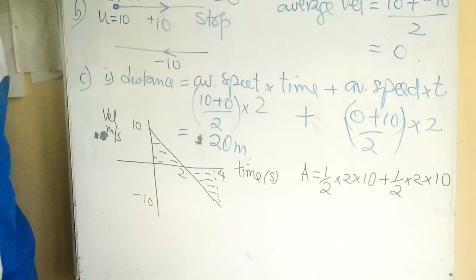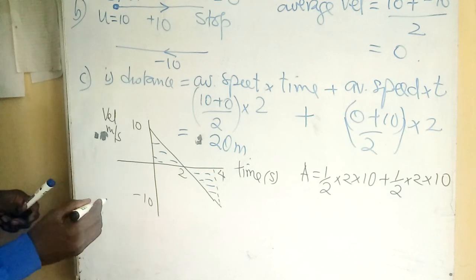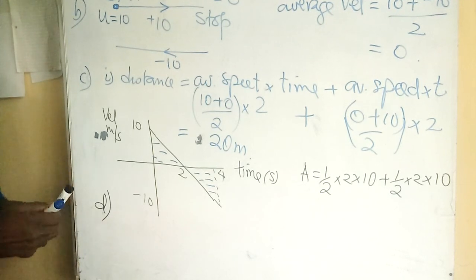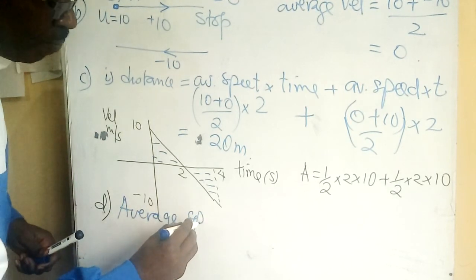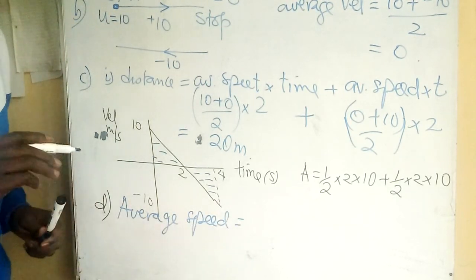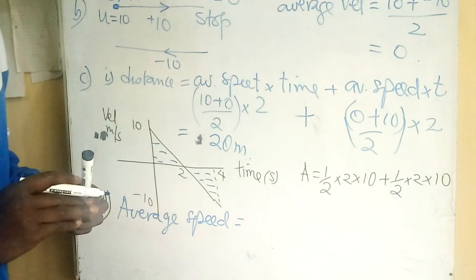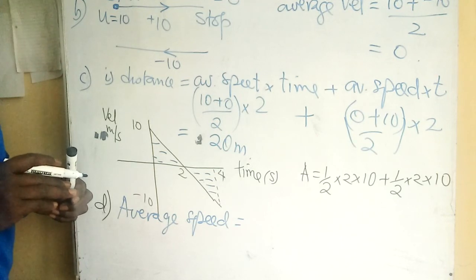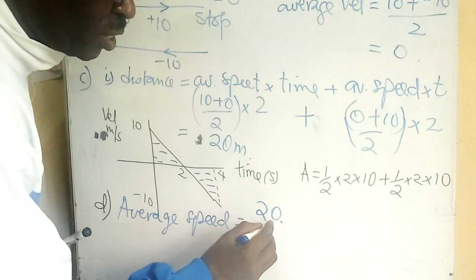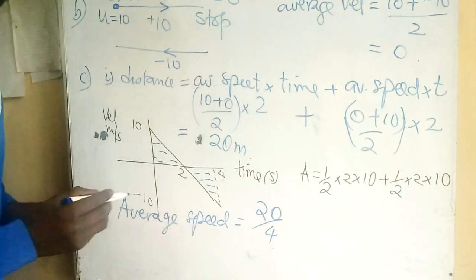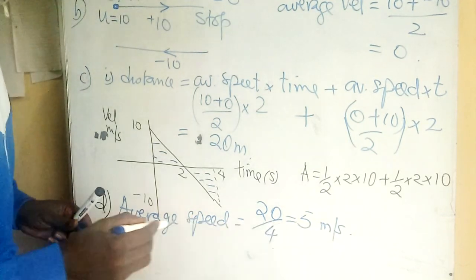That should make sense. And finally, if I talk of average speed, average speed is total distance divided by total time, which gives me 5 meters per second.